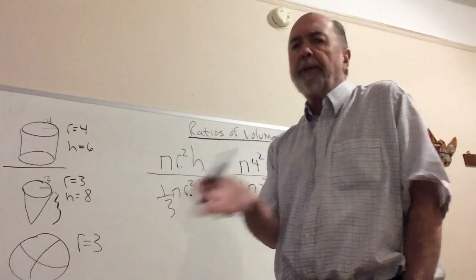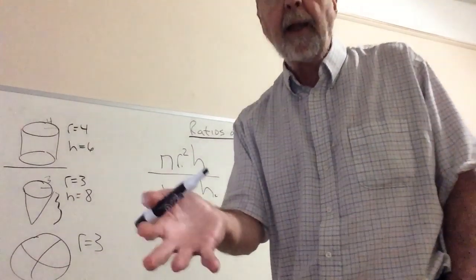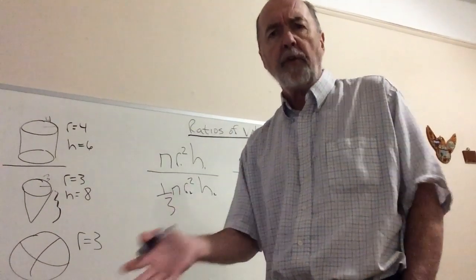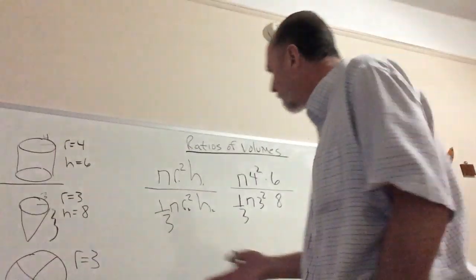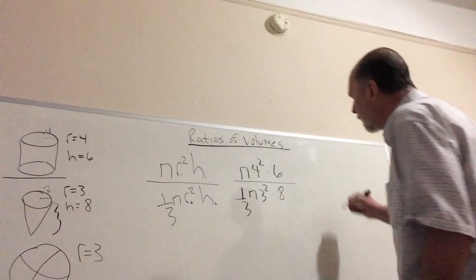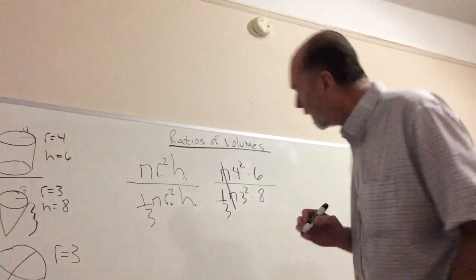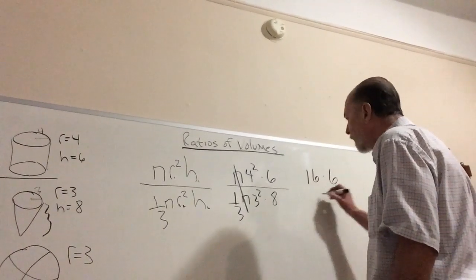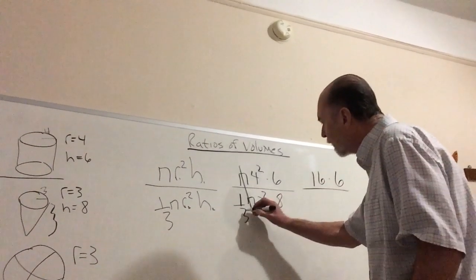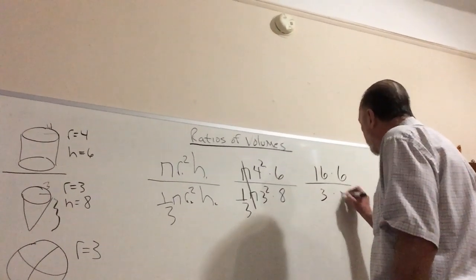If they get more complicated, like they will occasionally, then you go back to 6th grade and work with fractions as you were taught to do. I'll do a couple problems like that down the road, not right now. So when I do this, I have the pi's canceling, as previously explained, and we have 4 squared, which is 16 times 6, divided by 3 times 9... no, divided by 3, so there's the 3 and there's the 8.